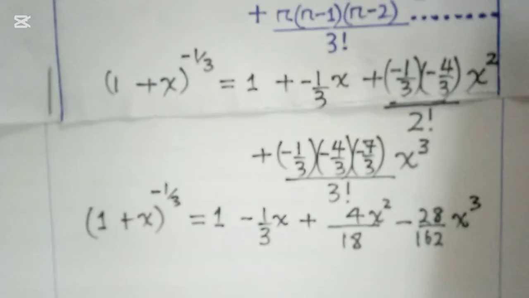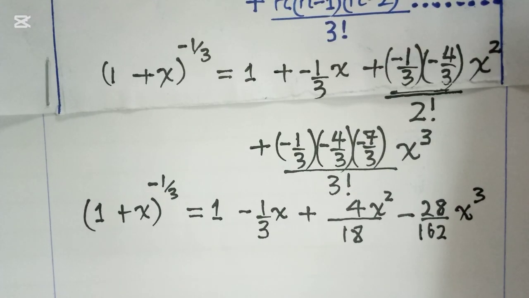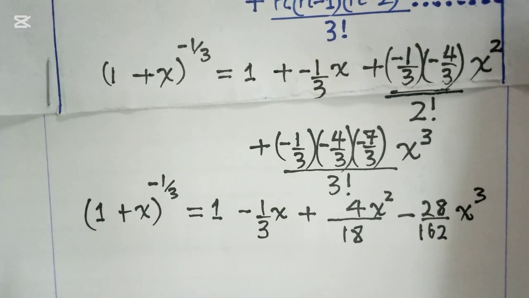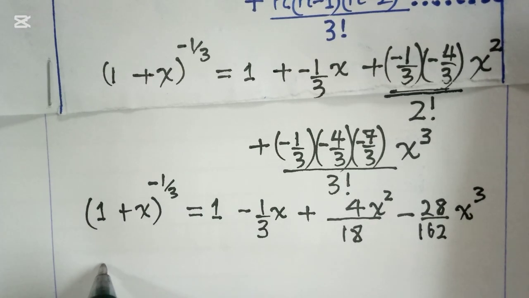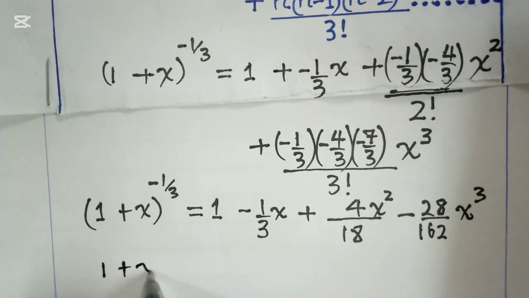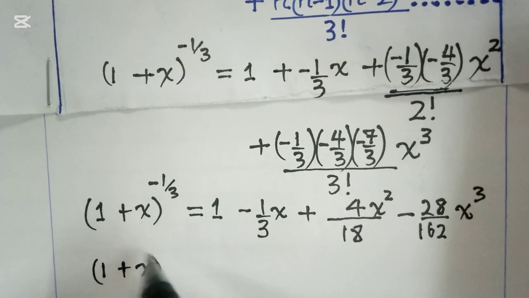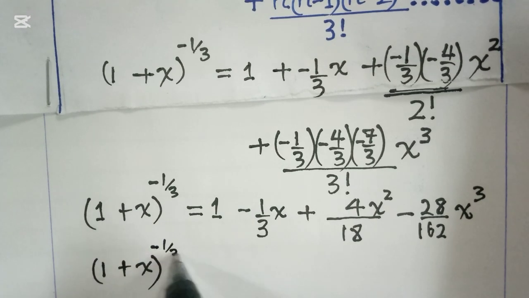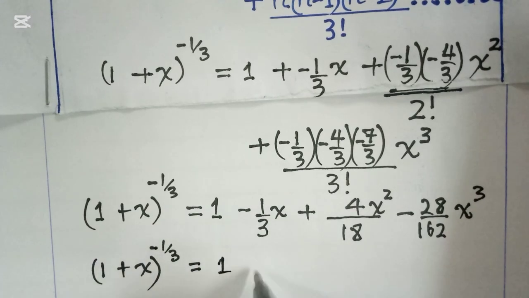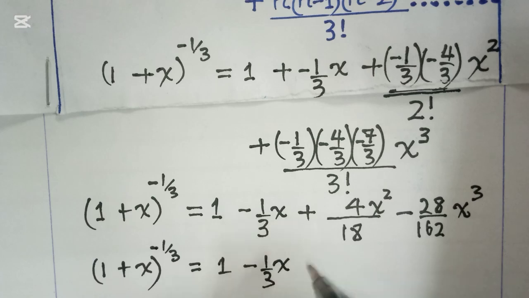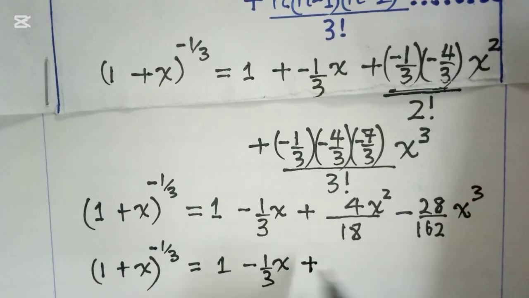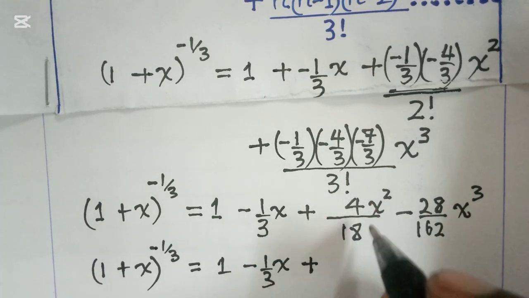And so finally, guys, this is what we shall have: 1 plus x raised to negative a third. This one now will be 1 minus a third x plus, now you can divide by 2, 9.